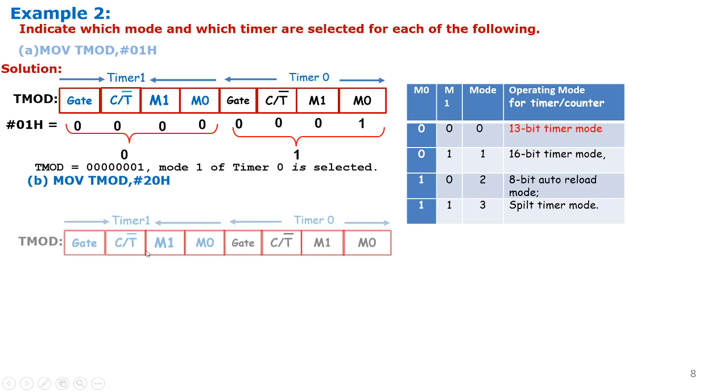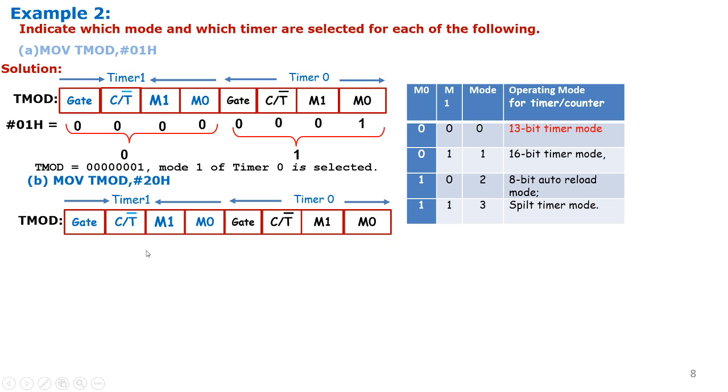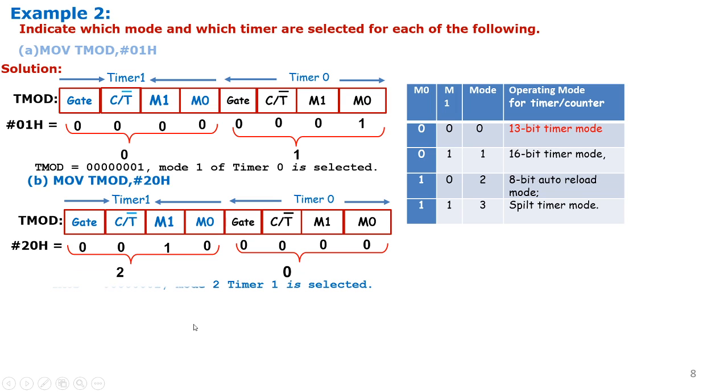Similarly, there is MOV TMOD, #20H. Then this will select timer 1. So this will be 2, this is 0. So 20 means TMOD will select timer 1 in mode 2.